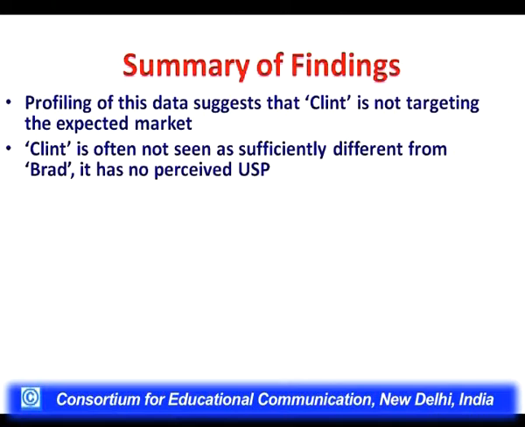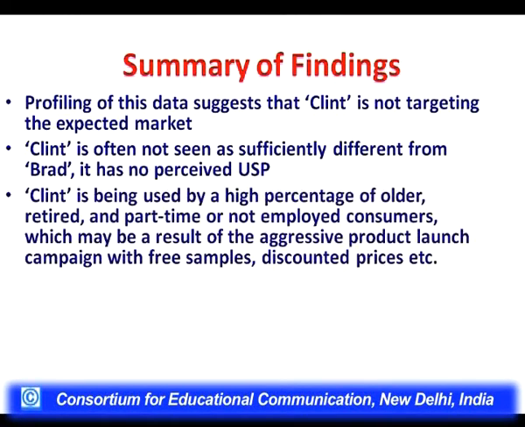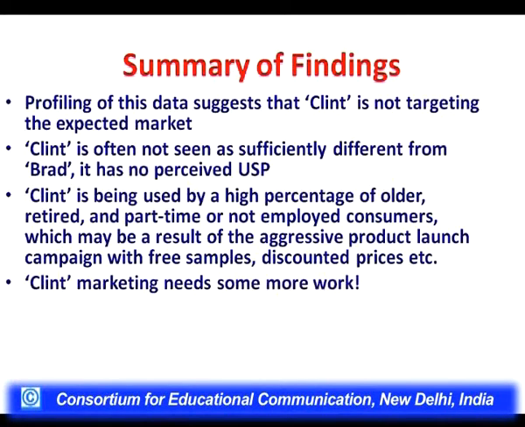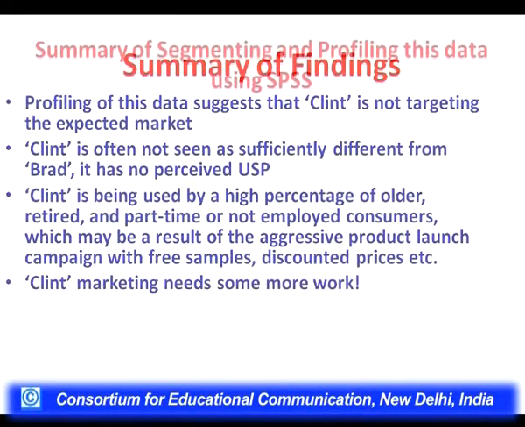C is often not seen as sufficiently different from B. It has no perceived USP, unique selling proposition, and C is being used by a high percentage of older, retired and part-time or not employed consumers, which may be the result of the aggressive product launch campaign with free samples, discounted prices, etc. And the C marketing needs some more work.